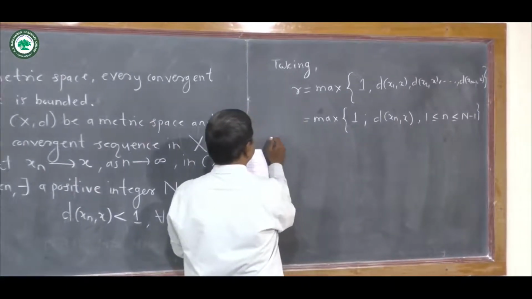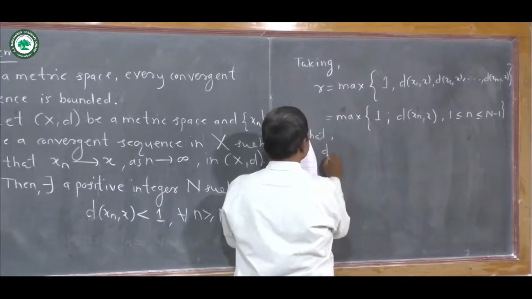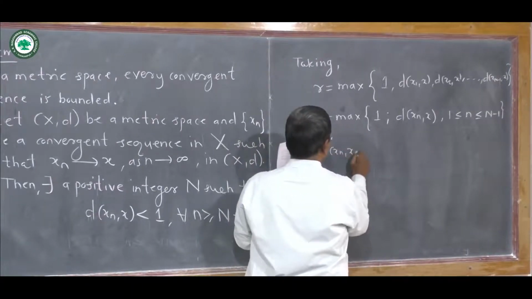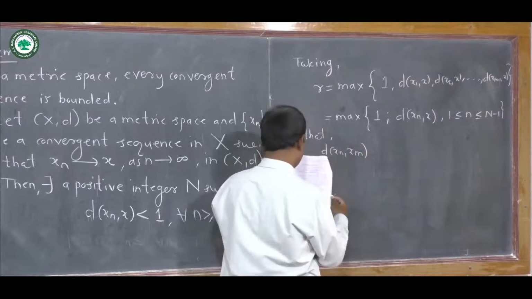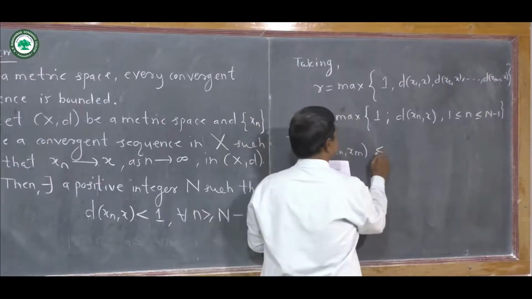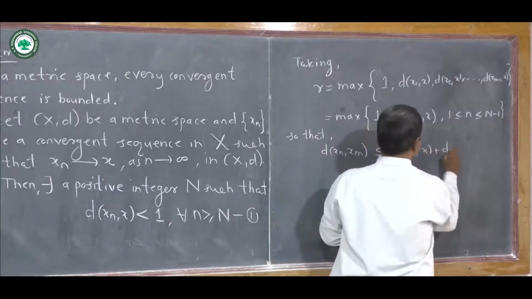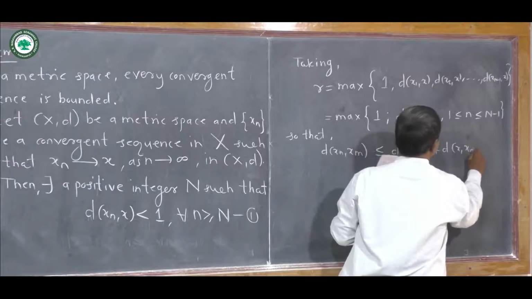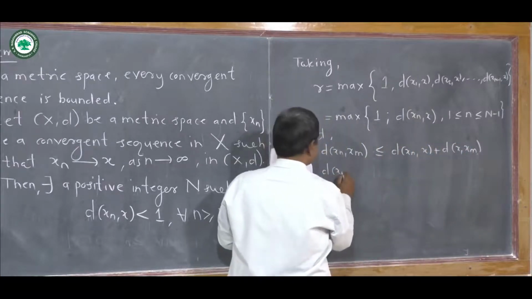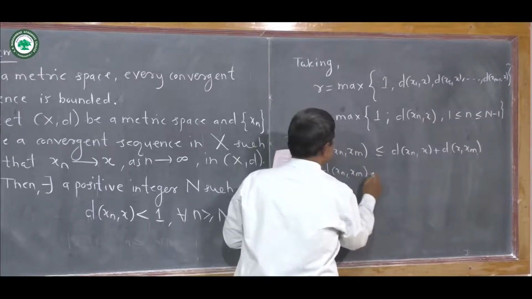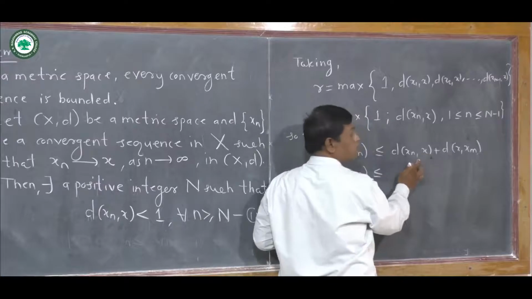Now consider the distance between xn and xm, where xn and xm are terms of this sequence. By the triangle inequality, this is less than or equal to the distance between xn and x plus the distance between x and xm. Each distance is always less than or equal to r.